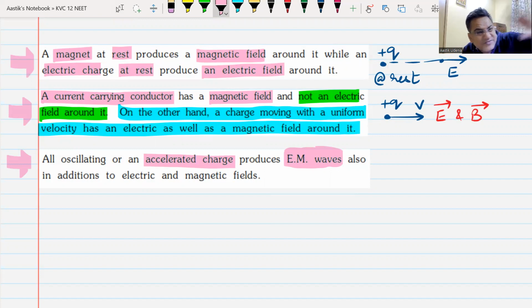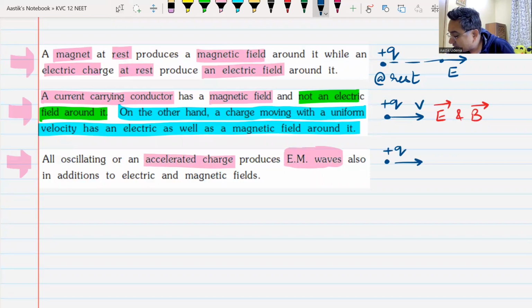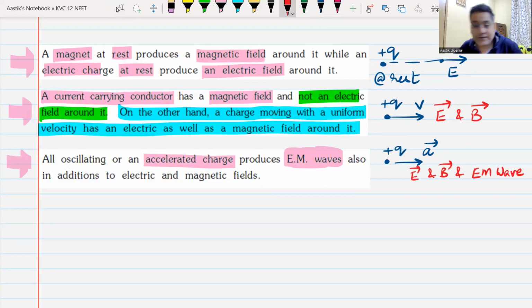It will create waves, as well as electric field and magnetic field. I'll give you time to write, don't worry. Plus Q charge, which is moving with an acceleration, creates electric field and magnetic field and EM wave, electromagnetic wave.